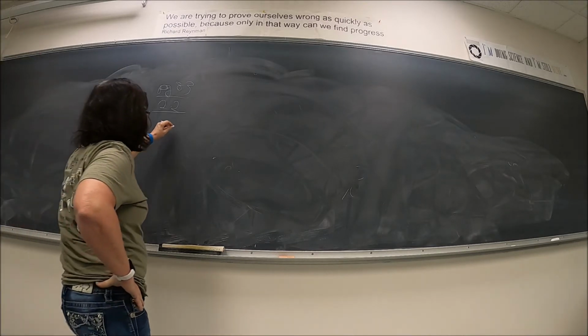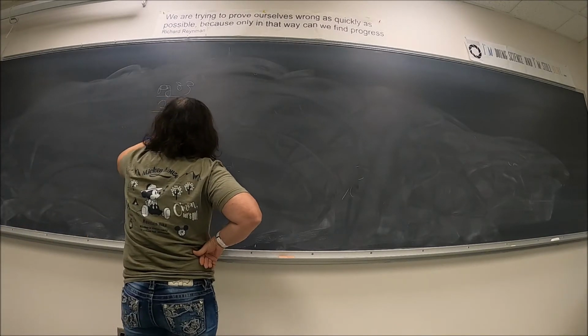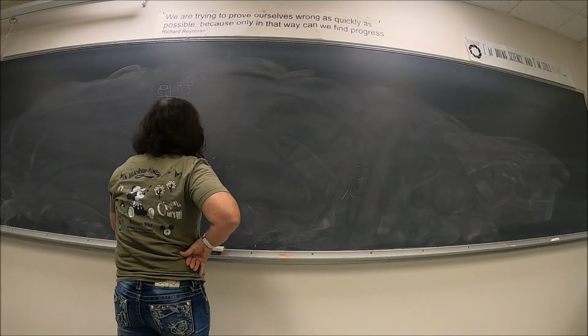Now, it says a 100-watt light bulb radiates energy at 100 joules per second. So we've got 100 joules per second. Joule, remember, is a unit of energy.